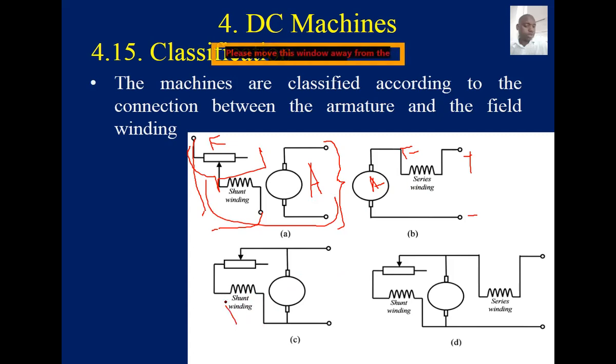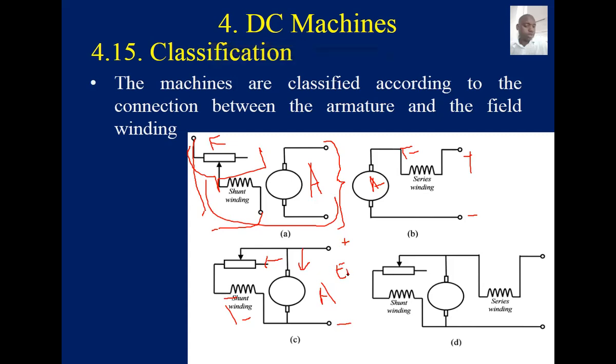The field winding and the armature winding are in parallel. They are supplied from the same source. But then you realize that in this case, they will have two different currents. So in series wound, armature current is equal to field current. In shunt wound, the armature voltage is equal to the field voltage because they are in parallel.